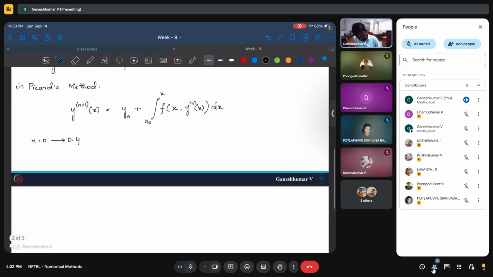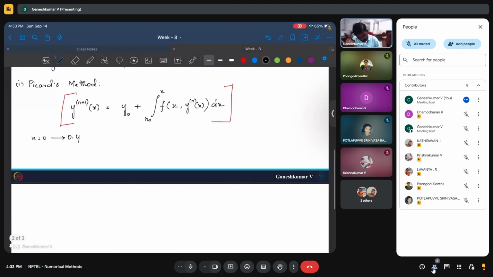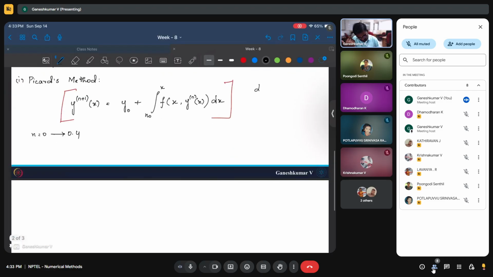This is the equation we need to apply iteratively to get the solution. What is our function? It's dy by dx equal to some function of x, y.